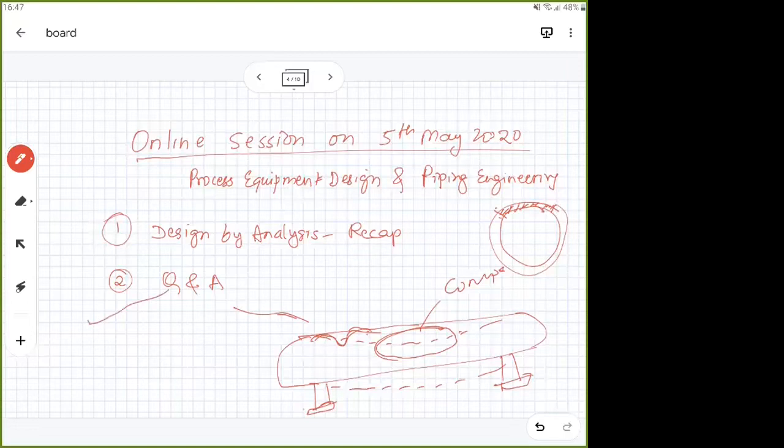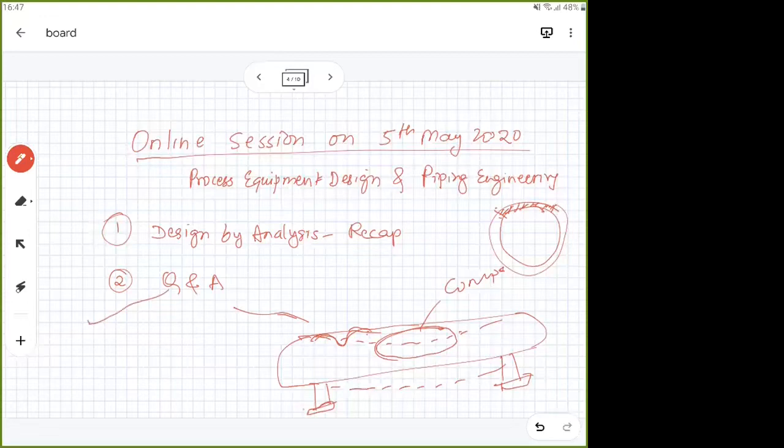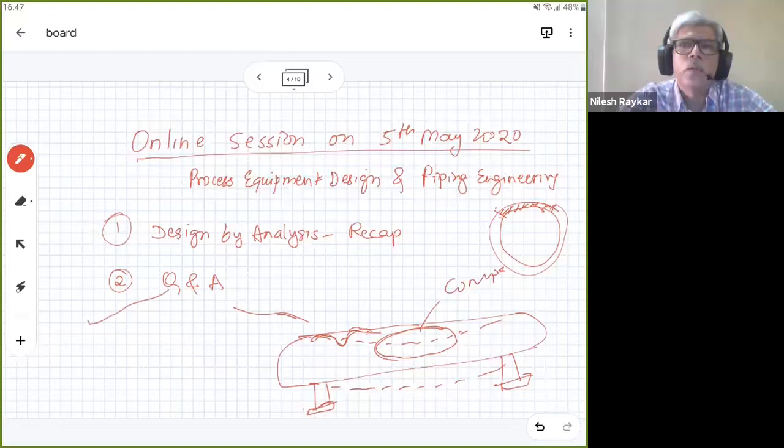Sir, local buckling failure will have the same procedure or something else? No, there is no concept of local buckling. Either you can do the full vessel analysis, or you can do the local analysis. For buckling, it is usually the entire structure that is taken, because it is interdependent on how the vessel, how the component is supported and all. So taking out a small subsection and doing buckling analysis is difficult.